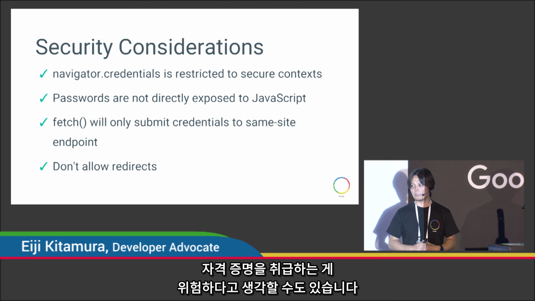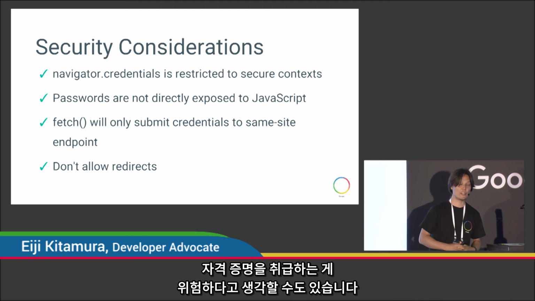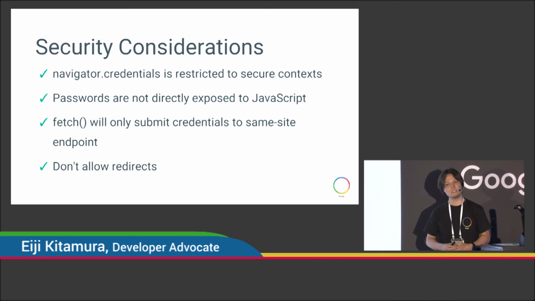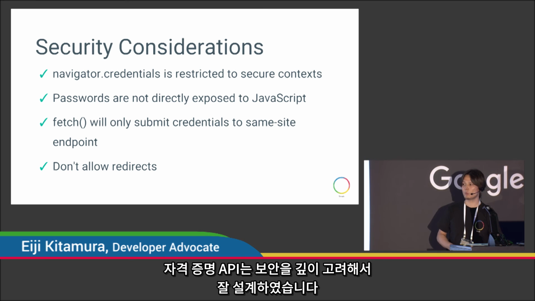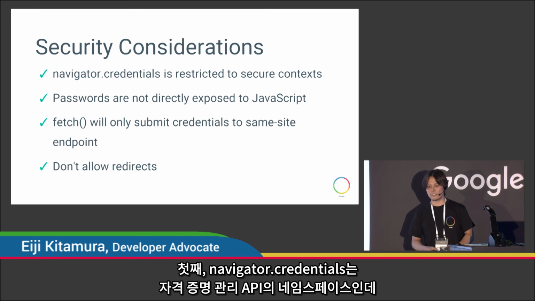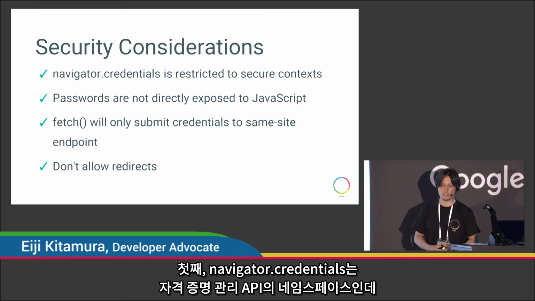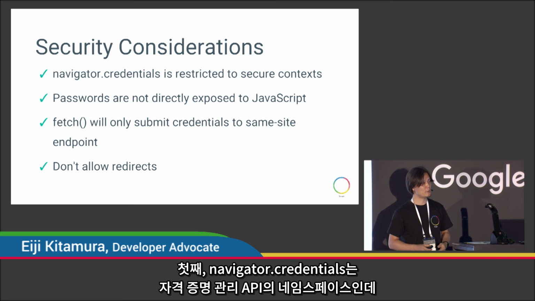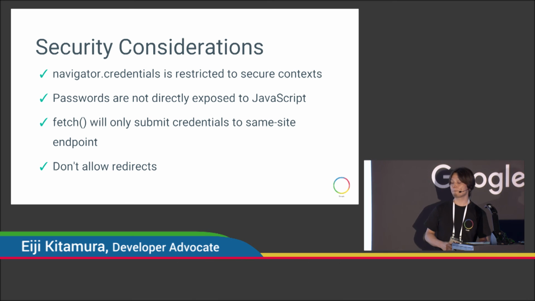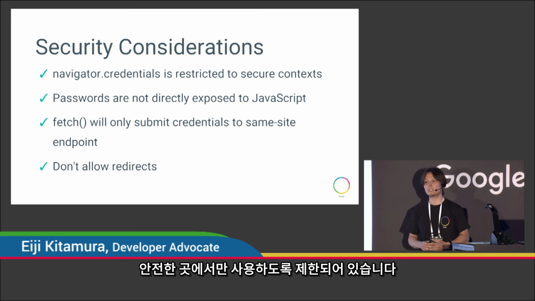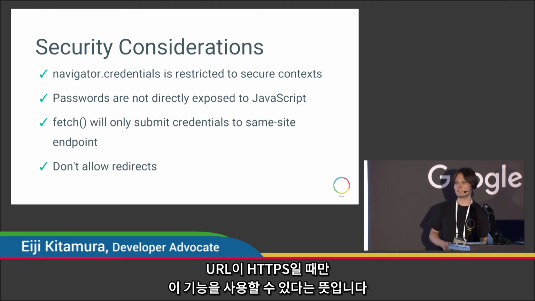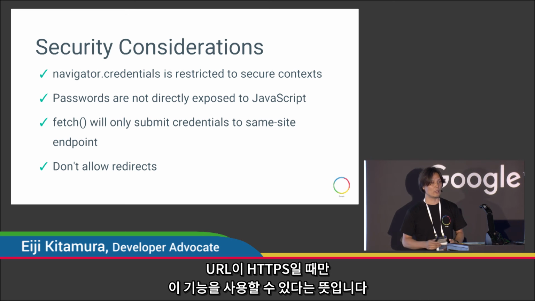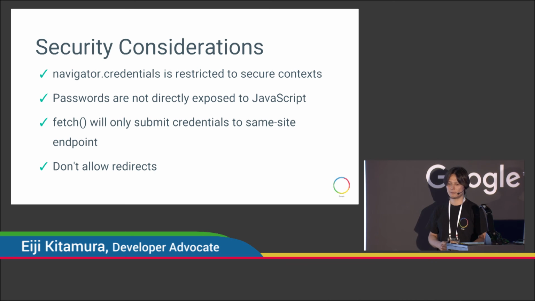And you might think that handling credentials might be risky. The Credential Management API has deep consideration for security and is well designed. First, navigator.credentials, which is the namespace for the Credential Management API, is restricted to secure origins, which means that you can only use this feature when the URL is HTTPS.